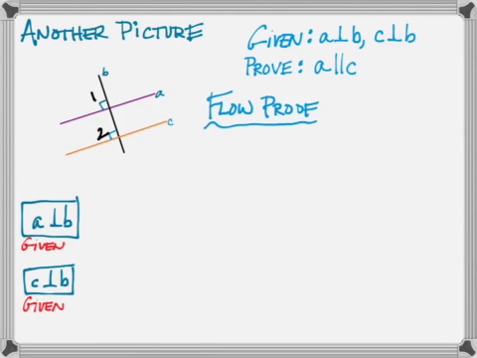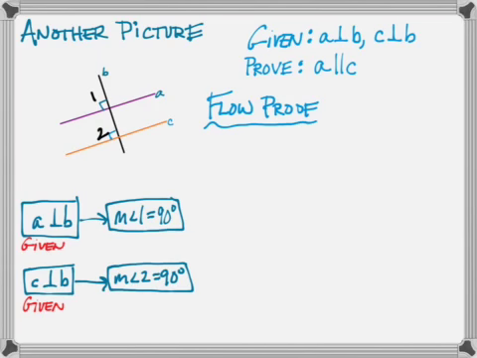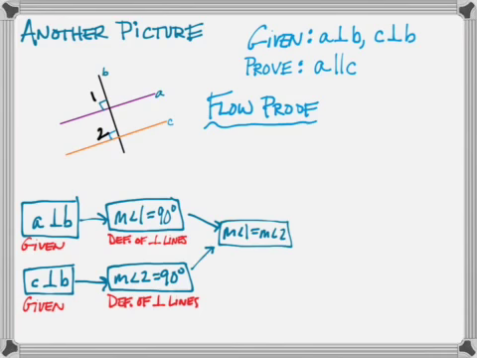I was given that A is perpendicular to B and C is perpendicular to B. From that I can conclude the measure of angle 1 is 90 and the measure of angle 2 is 90, due to the definition of perpendicular lines: perpendicular lines form 90-degree angles by definition. If the measure of angle 1 is 90 and the measure of angle 2 is 90, I can conclude that the measures are the same, and I do that with substitution, not the transitive property, because of the way it's set up.